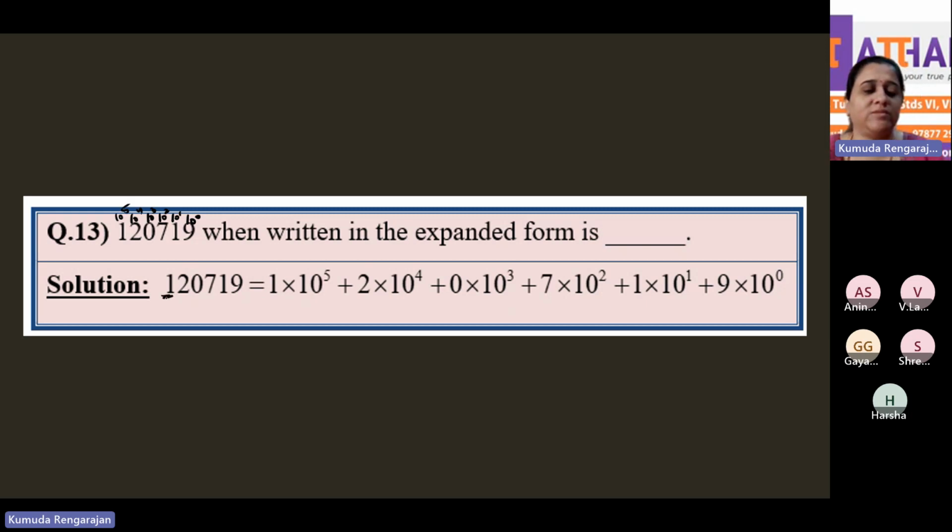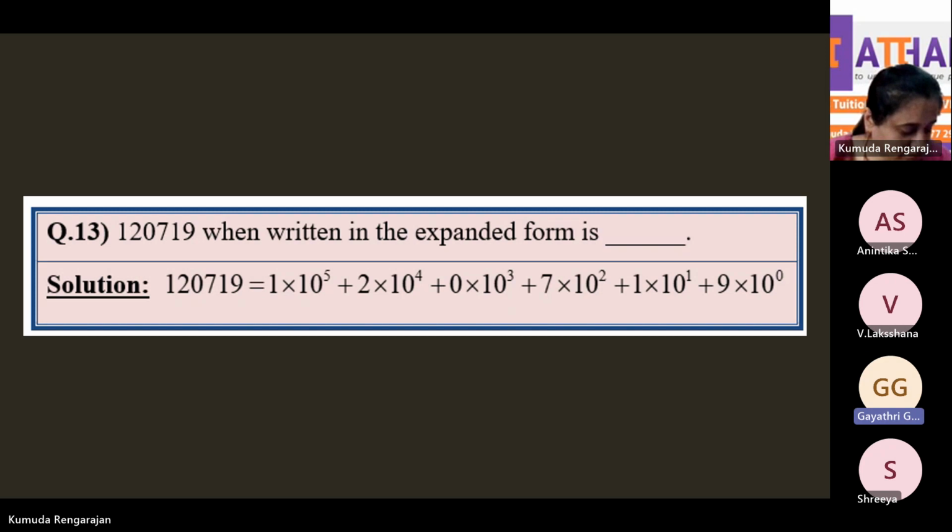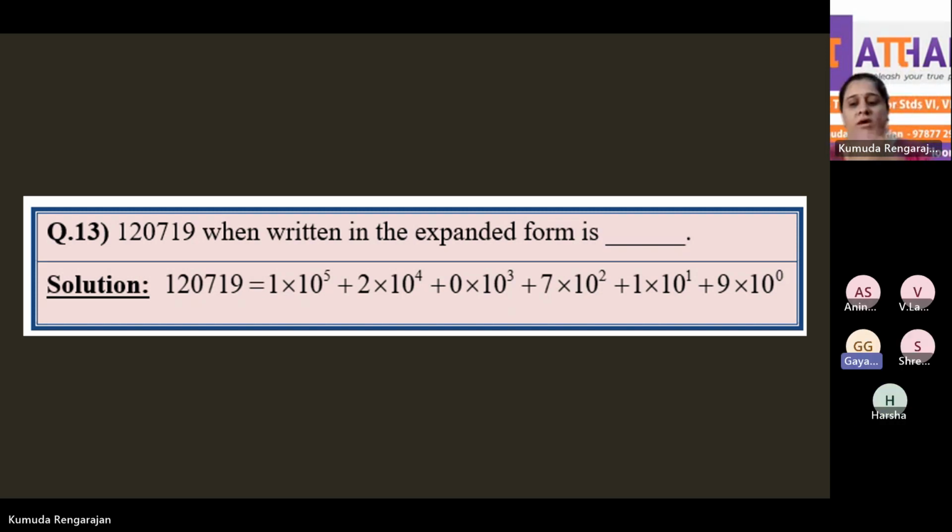So 1 into 10 to the power 5 plus 2 into 10 to the power 4 plus 0 into 10 to the power 3 plus 7 into 10 squared plus 1 into 10 to the power 1 plus 9 into 10 to the power 0. Power 0, 1, 2, 3, 4, 5, and so on. Okay, ma'am.